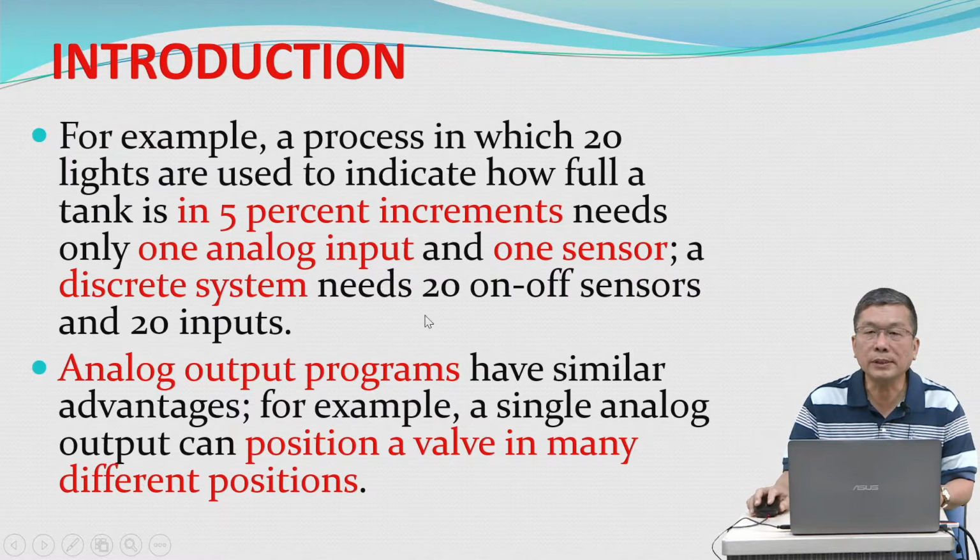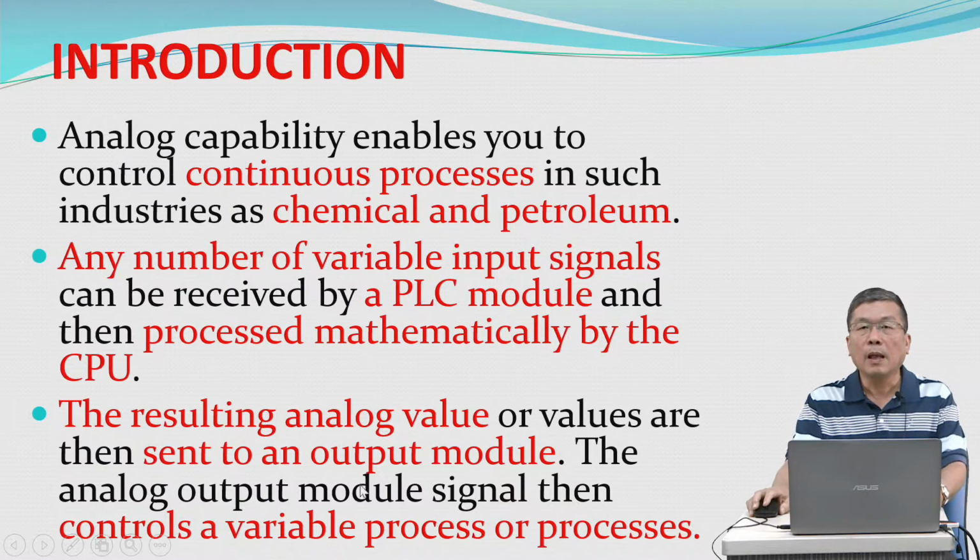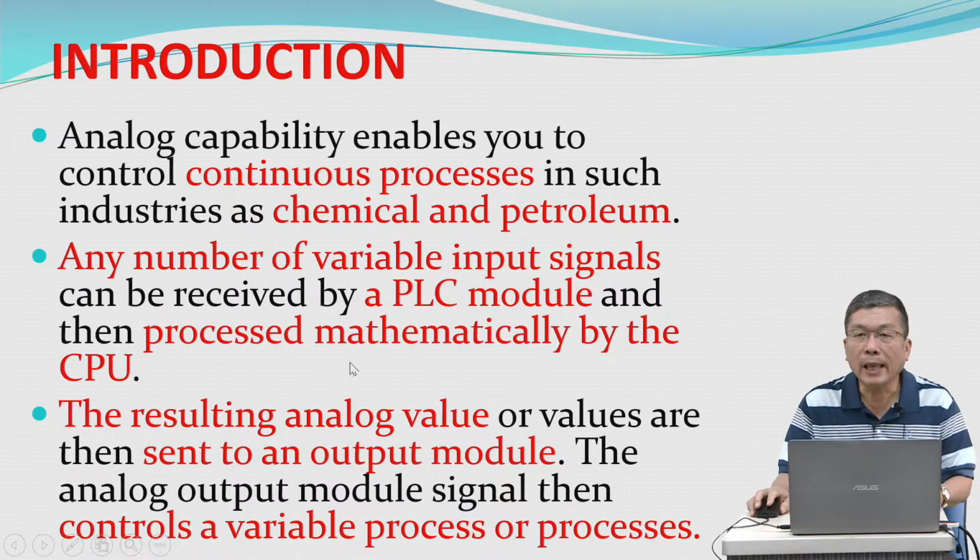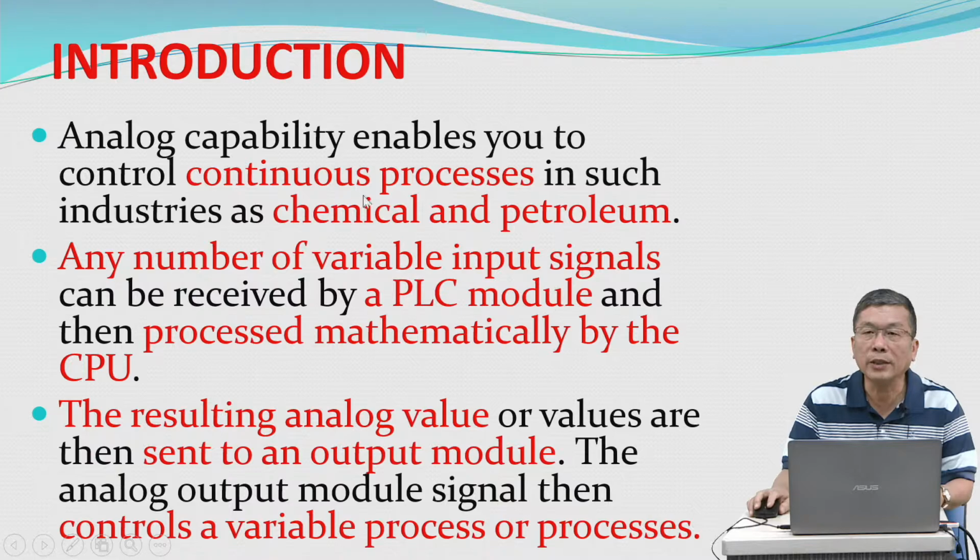A discrete system needs 20 on-off sensors and 20 inputs. Analog output programs have similar advantages. For example, a single analog output can position a valve in many different positions. Analog capability enables you to control continuous processes in such industries as chemical and petroleum.